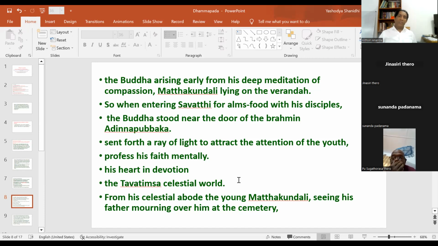Then in the story it is told that he got birth in the Tavatimsa celestial world. So this is the story related with the second stanza.